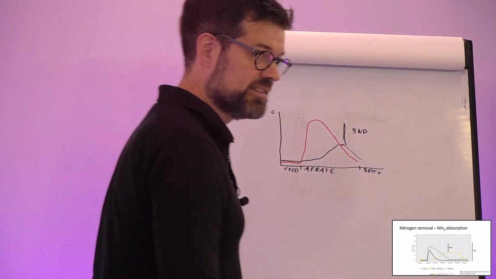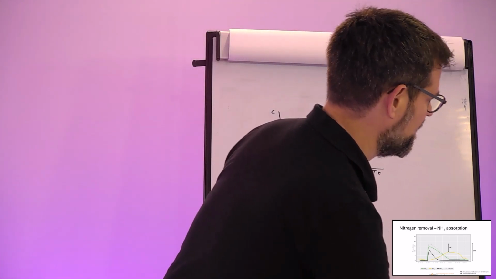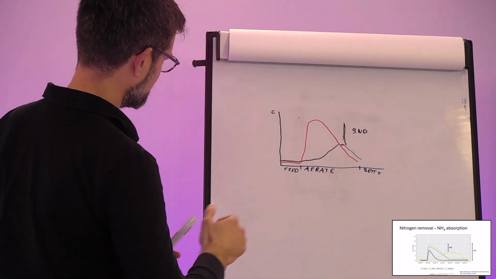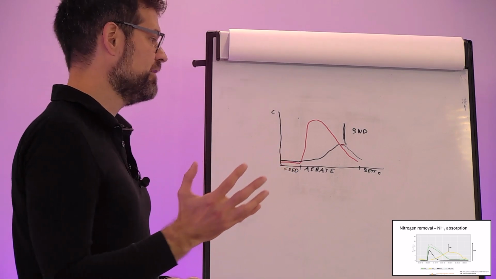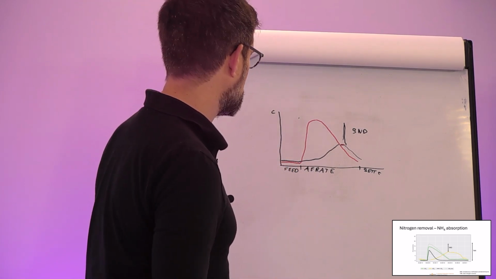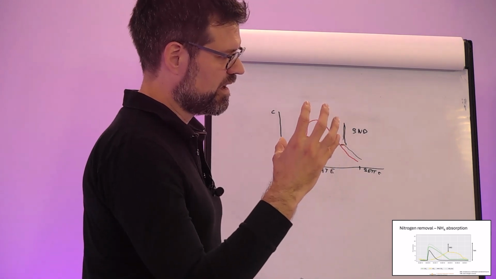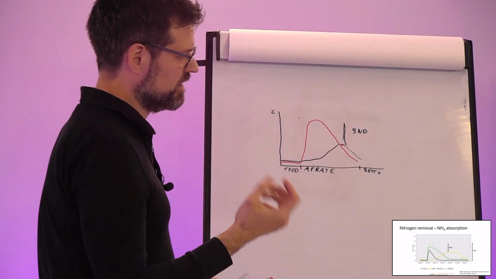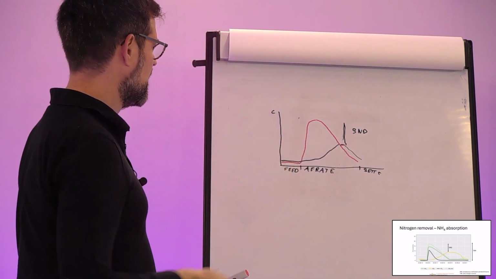Actually, it's even bigger than what we think it is if we look at the sensors, because we know from research done by Mario Pronk, I think in 2010, that aerobic granules have the capability to absorb ammonia.